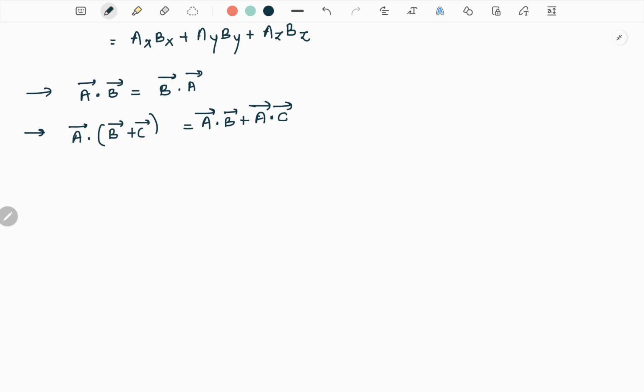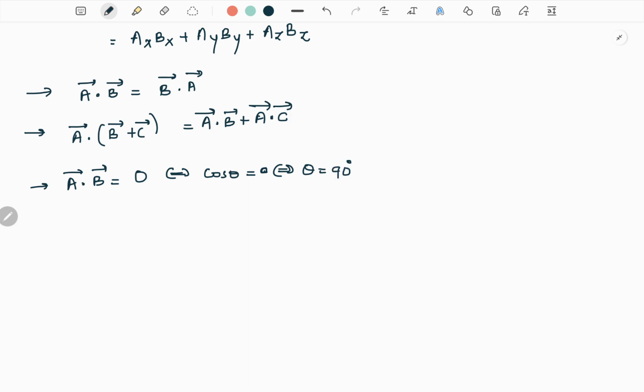As you can see here, let's say we have two non-zero vectors a bar and b bar. Keep in mind that I have assumed them to be non-zero vectors. If the dot product is 0, the only possibility is that cos theta is 0. It implies theta is 90 degrees.